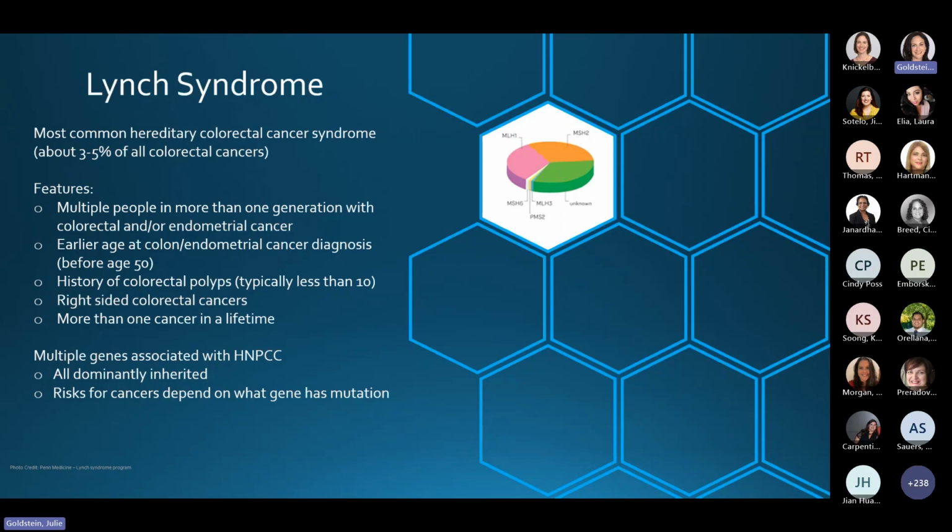Lynch syndrome is a little unique in how it presents, and we can get some clues from family history to determine whether or not we think somebody might have Lynch syndrome. Again, it's about 3 to 5% of all colorectal cancers, so that's a pretty significant amount. So it's important to take a look for certain features that might indicate to us that a person has Lynch syndrome.